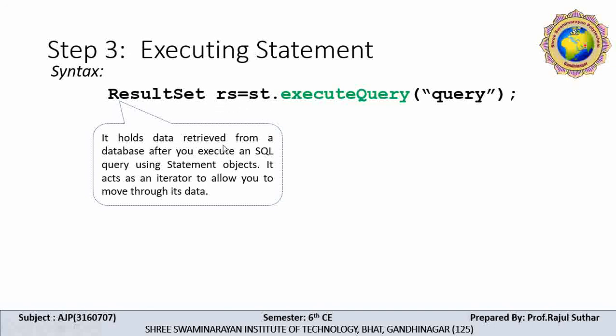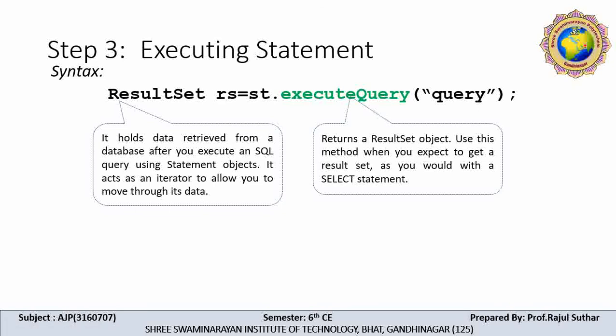It holds the data retrieved from a database after you execute an SQL query using the Statement object. It acts as an iterator to allow you to move through the data. And executeQuery returns the ResultSet object; use this method when you expect to get a result set, as you would with the select statement.